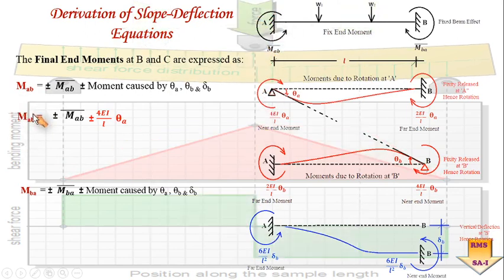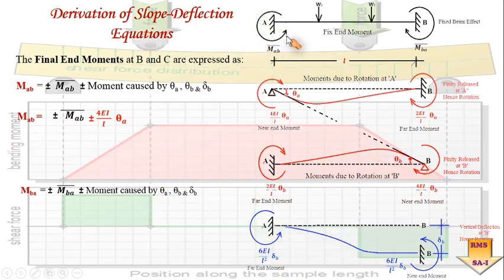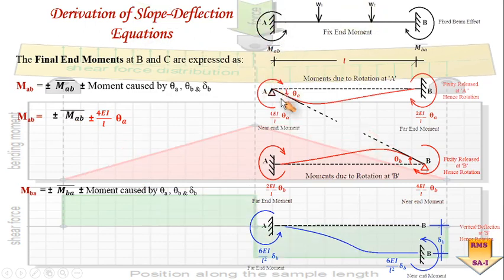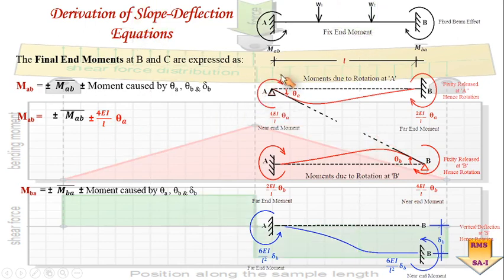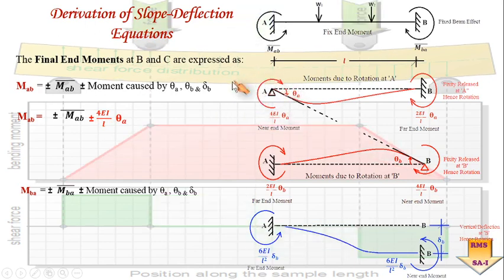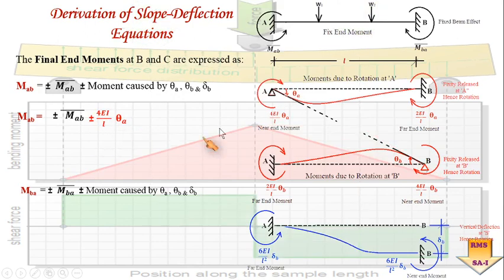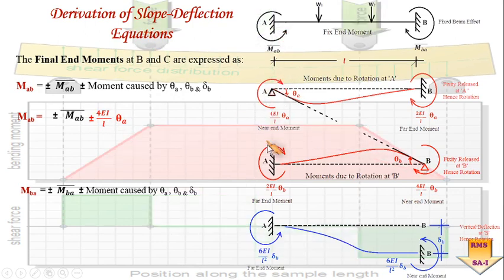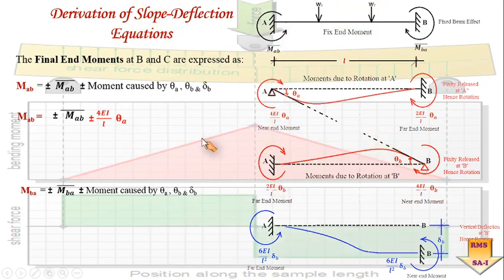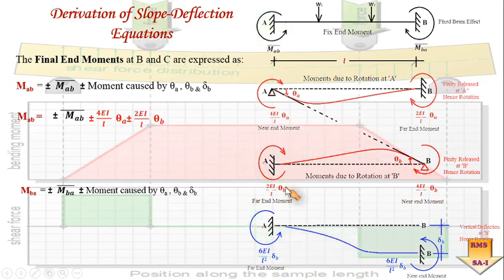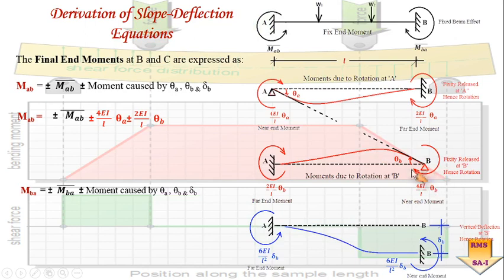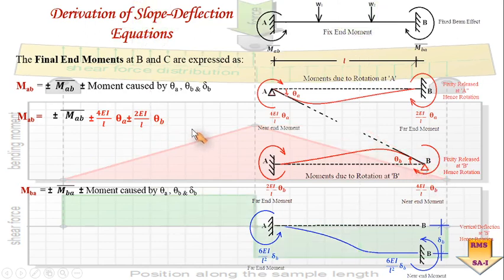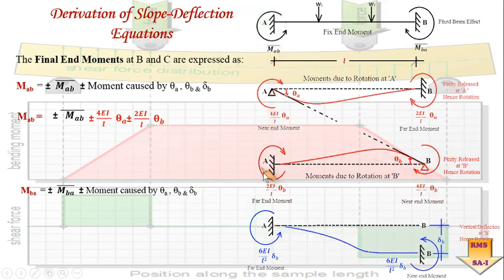So here the final moment will be the fixity effect, then rotation about point A. So again it will be plus or minus because it can be clockwise or anti-clockwise. Accordingly we are going to select plus or minus. So first and second. Third will be what? 2EI by L. That is the effect of displacement occurring about joint B, and that displacement is the rotation of magnitude theta B. Is it okay?